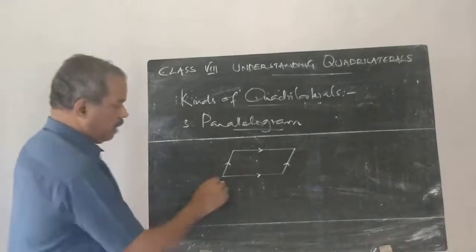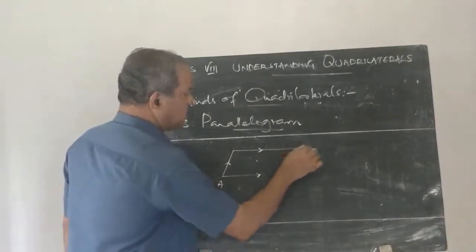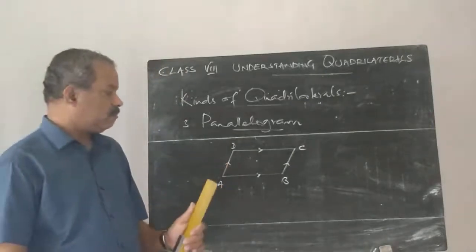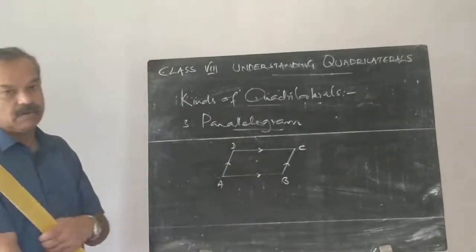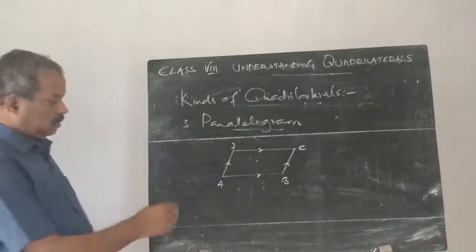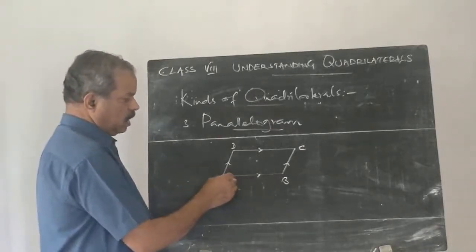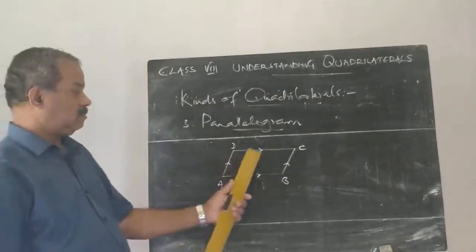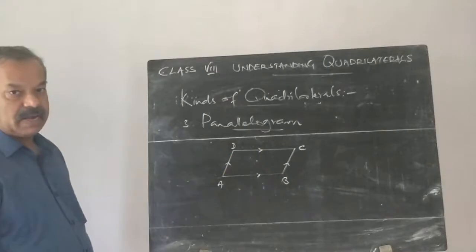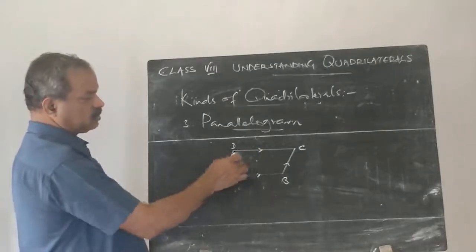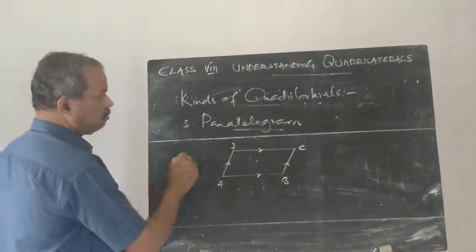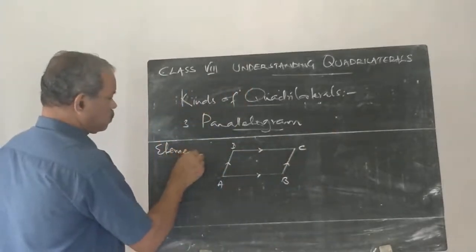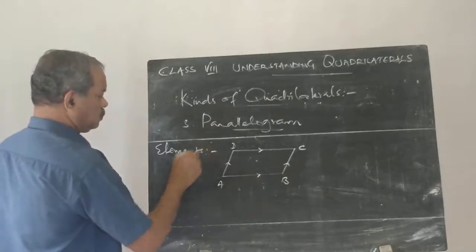Now, let us name it ABCD. ABCD is a parallelogram. Let us see some properties of this parallelogram. Here, we have seen that AB and DC are parallel sides. That is what we are going to discuss, the elements of a parallelogram. Elements.